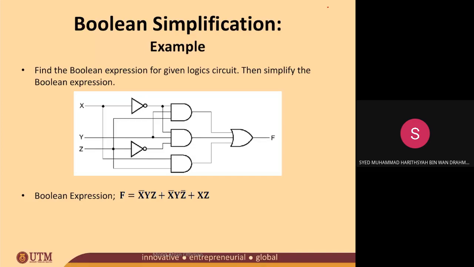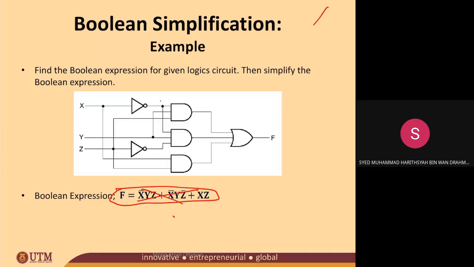So you need to derive the Boolean expression, and then from that Boolean expression, you need to simplify it, and then maybe redraw the new logic circuit. Assume that this answer is not yet given, so you try to get the Boolean expression from the circuit. So you can derive one by one.